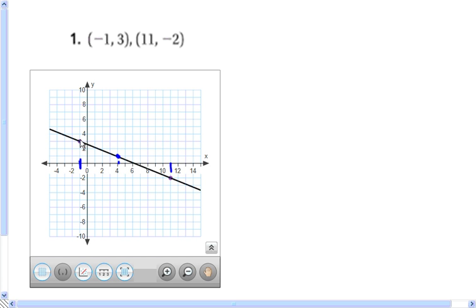And that looks pretty good. Then counting up, 1, 2, 3, 4, 5, six units puts us right there at the point (5, 1/2). And that does look like it's halfway between this distance and this distance.